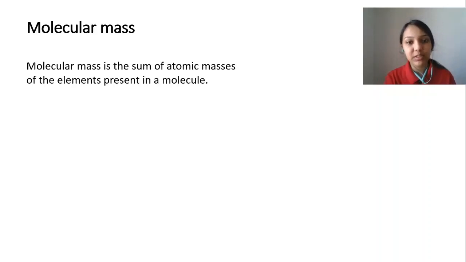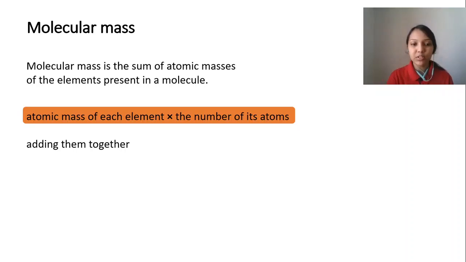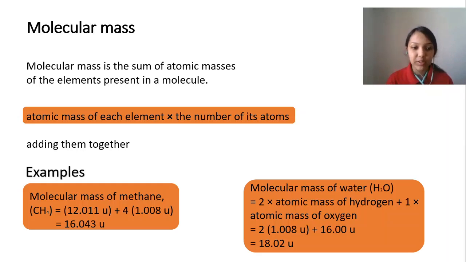Next is the molecular mass. Molecular mass is the sum of the atomic masses of all the elements present in the molecule, right? All elements make up the molecule. So when you take the atomic masses of all the elements, it forms the mass of the molecule. The atomic mass of each element times the number of its atoms gives a value, and then we add them up. For example, in the case of methane, CH4, there is 1 unit of carbon and 4 units of hydrogen.